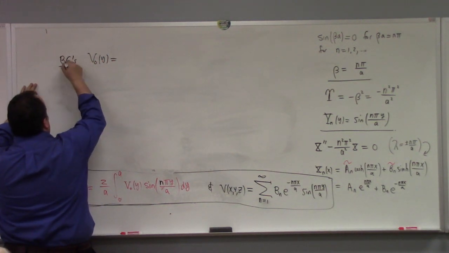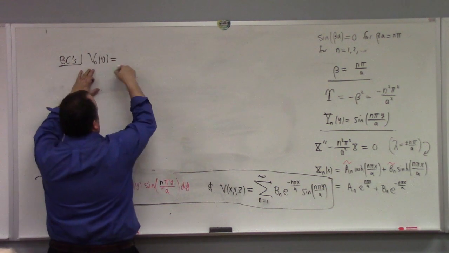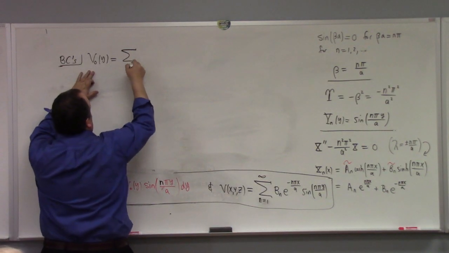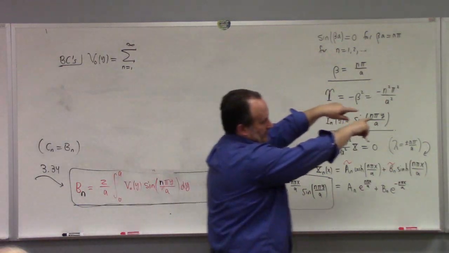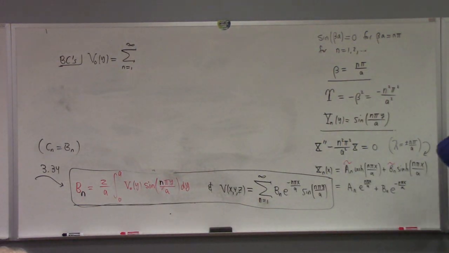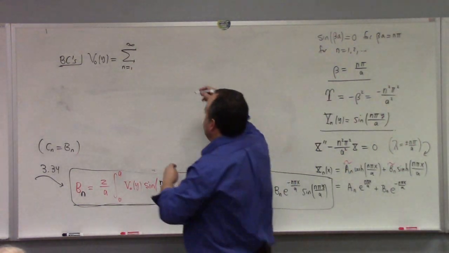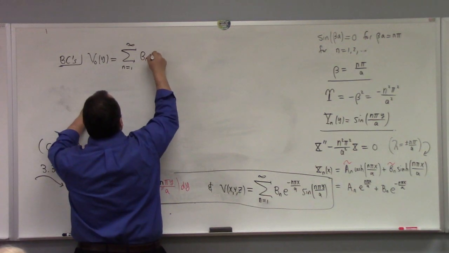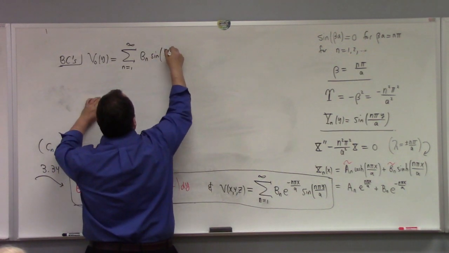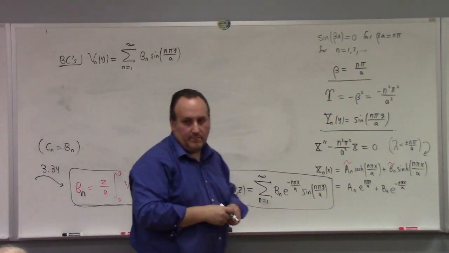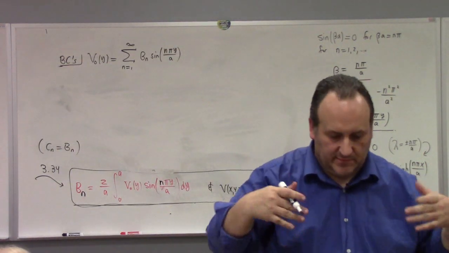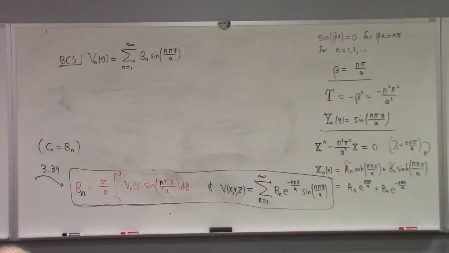Let me just remind you guys. We had found our way to the sum, n equals 1 to infinity, of B sub n sine of n pi y over a. That's just a blank template to capture those kinds of boundary conditions.